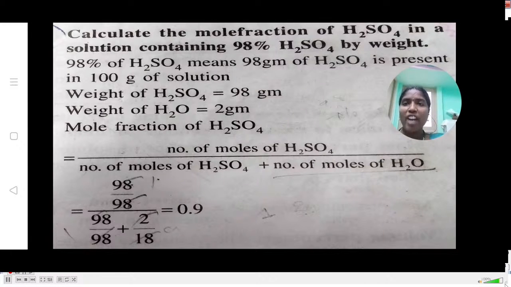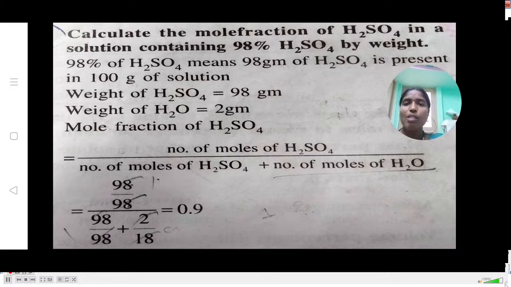Calculate the mole fraction of H2SO4 in a solution containing 98% of sulfuric acid by weight. Okay, this is the problem.